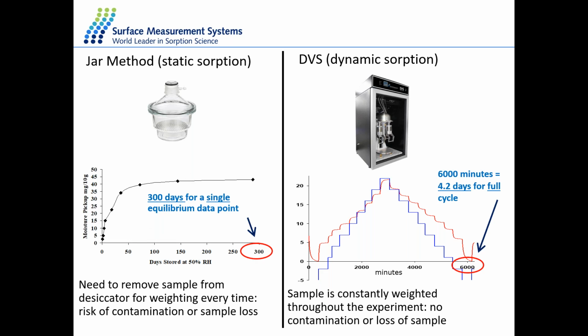And here I can show you an example of a difference in time required to collect the same set of data from the same sample. On the left side, we have the jar method, which requires about 300 days. And on the right side, we have the kinetic data for a DVS, which for the same sample requires 4.2 days.